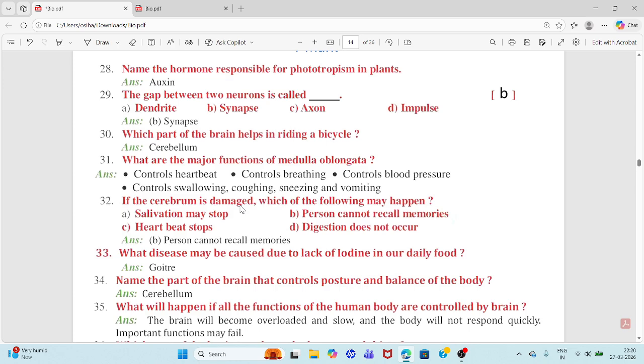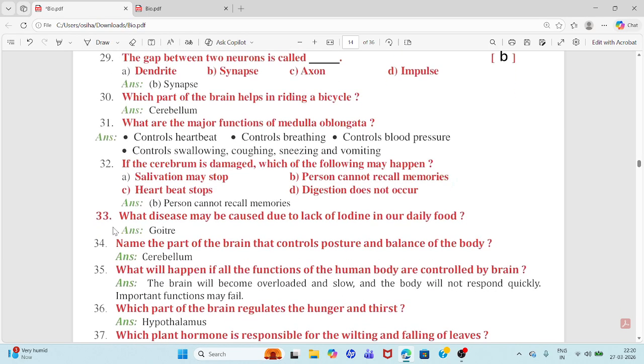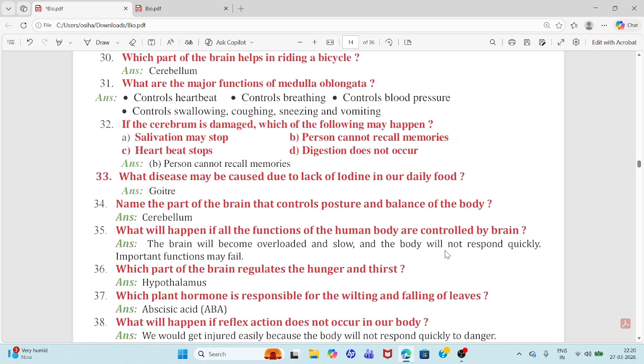If cerebrum is damaged, which of the following may happen? Answer is the person cannot recall memories. Okay. 33. What disease may be caused due to lack of iodine in our daily food? Got it. Okay.